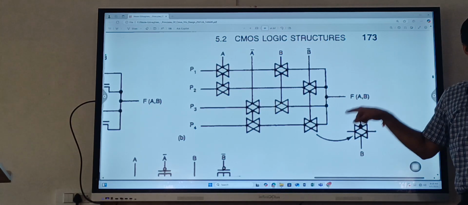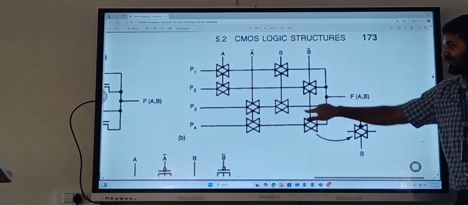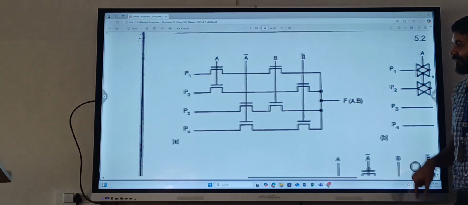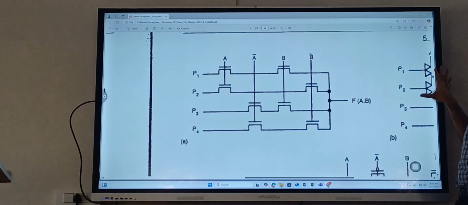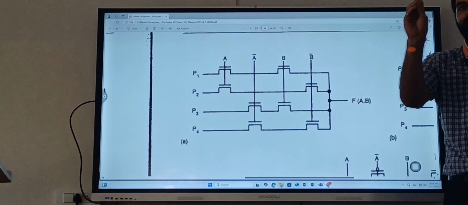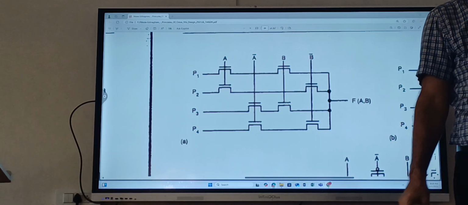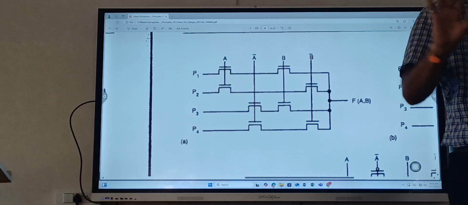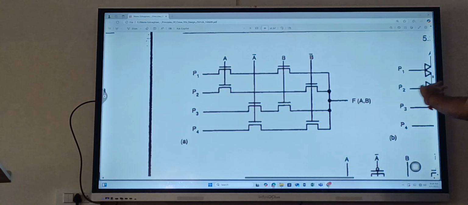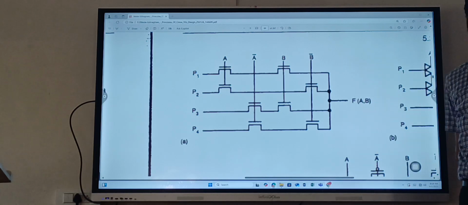So this is a 4 to 1 mux using TG. This is a 4 to 1 mux using NMOS. And the entire concept is pass transistor logic. Passing the logic through a transistor. All transistors here are pass transistors.